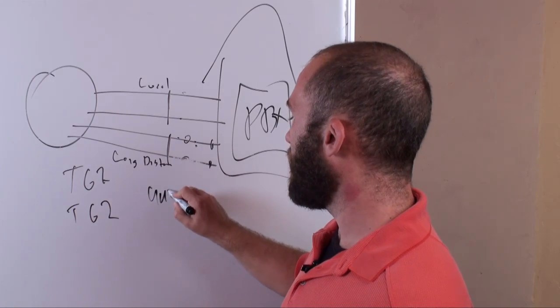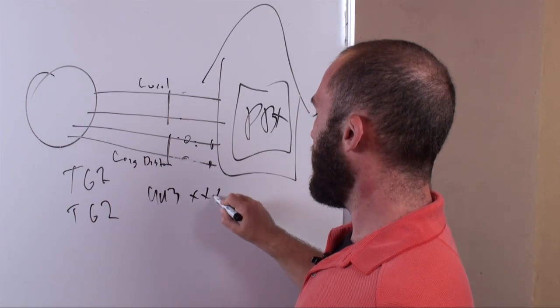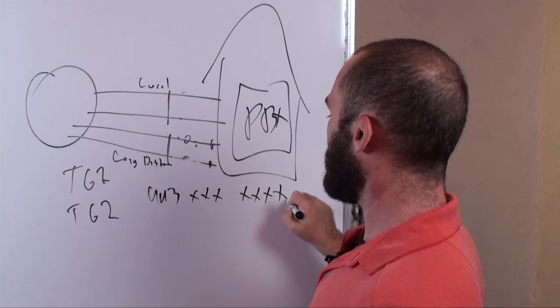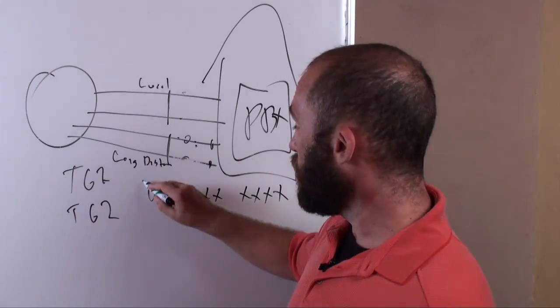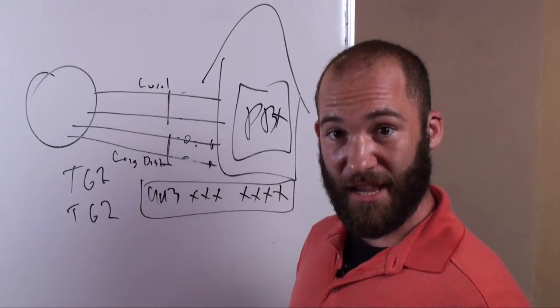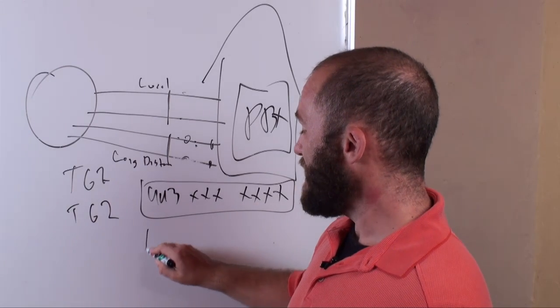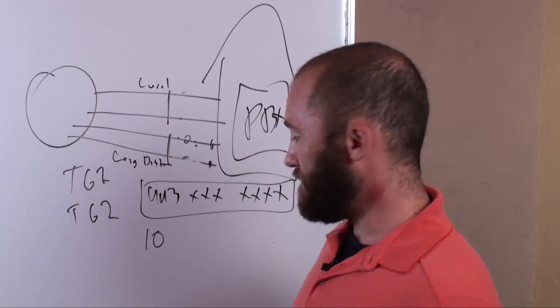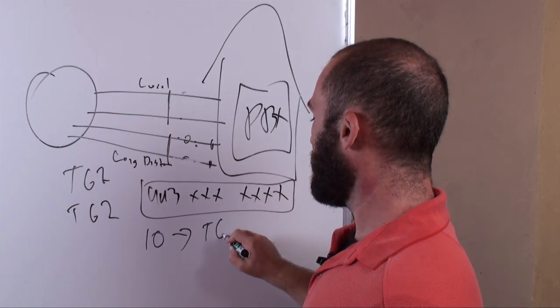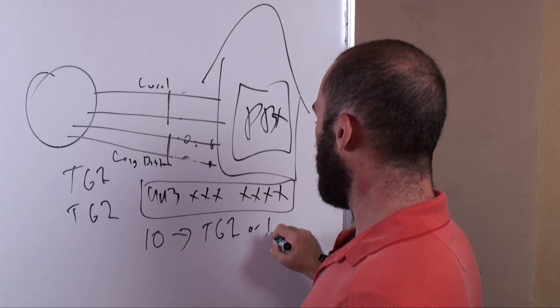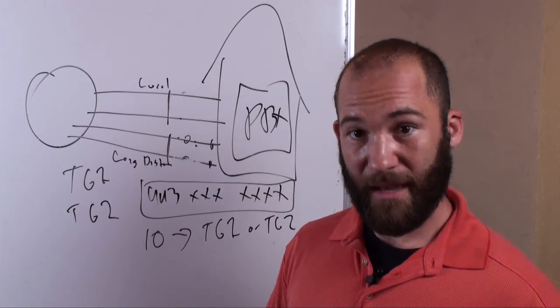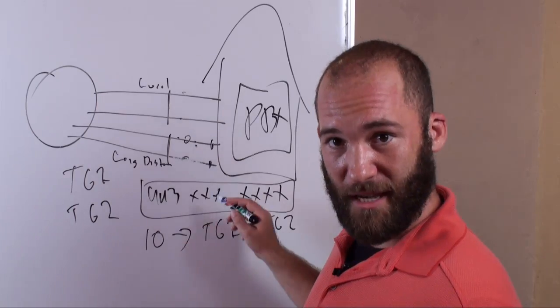So 443 XXXXXX. So even local calls have to be 10 digits. So basically what you would say is if it's a 10-digit number, use either trunk group 1 or trunk group 2. So you type in how many digits, etc.